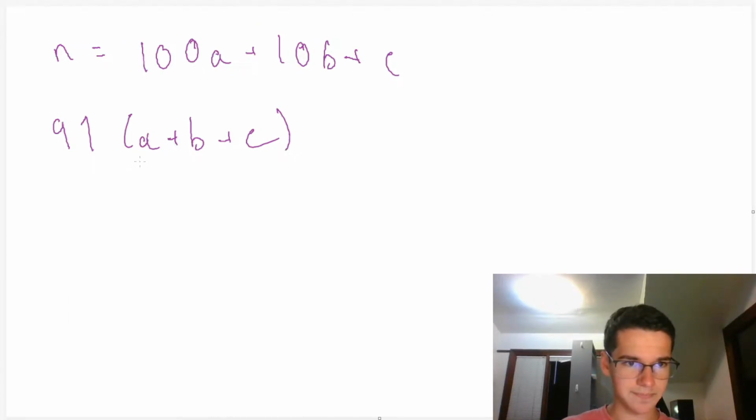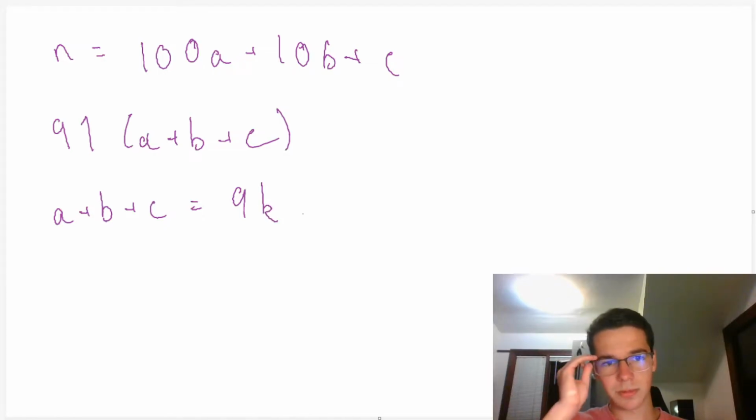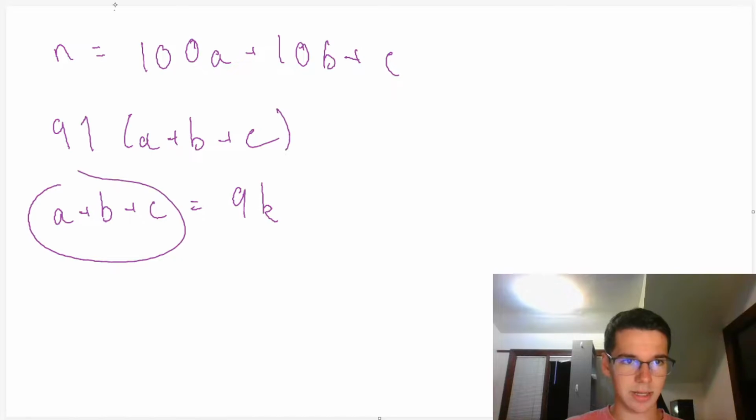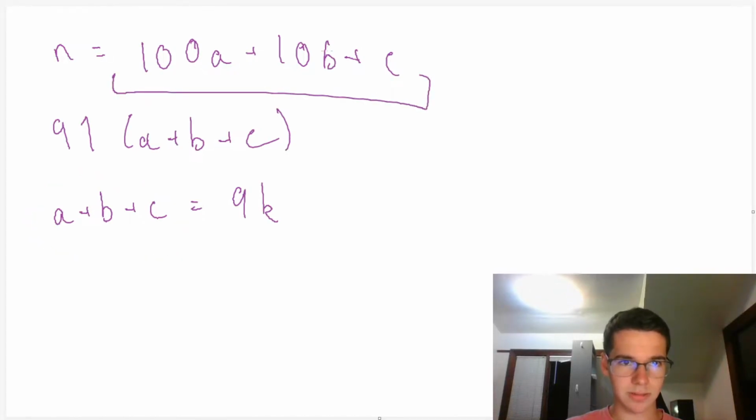We're going to say the sum of the digits, a plus b plus c, is equal to 9 times some unknown multiple. We'll just call it k. And now we're simply just going to make this side look like this, okay?